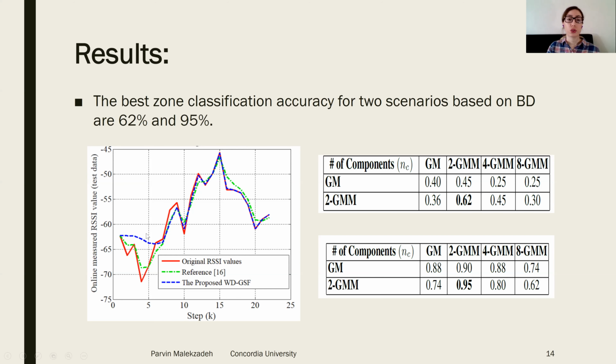But the blue one shows the preprocessed RSSI signal using our proposed algorithm, WDGSF, and as we can see, our proposed algorithm removes the noise much better than the conventional Kalman filter, which is shown by the green one.